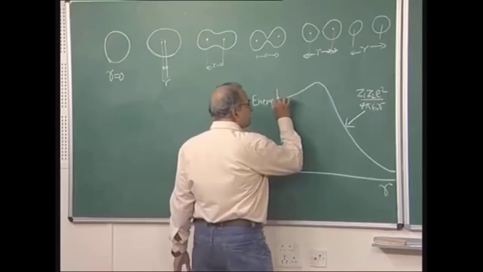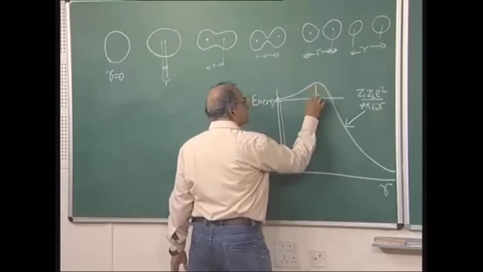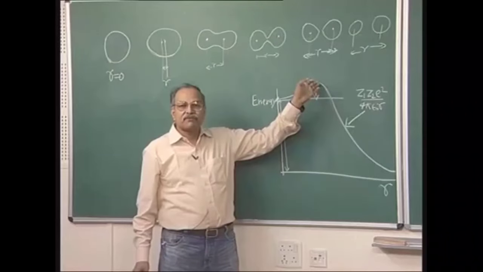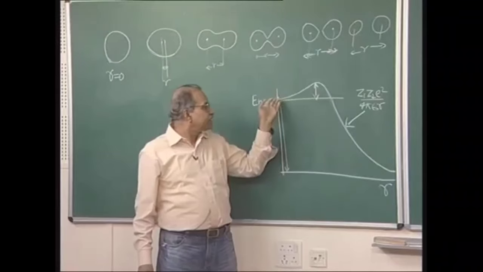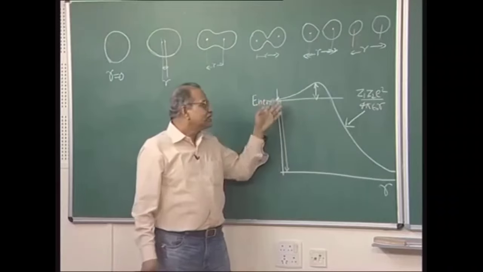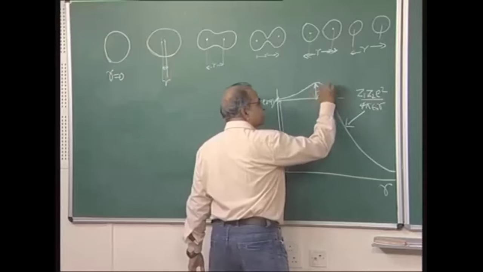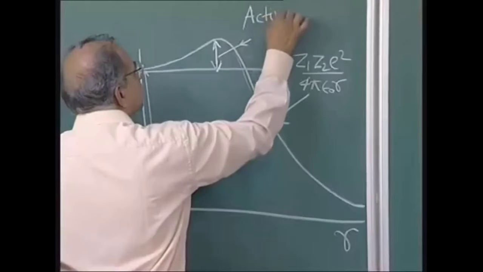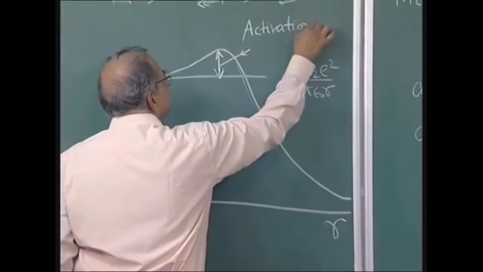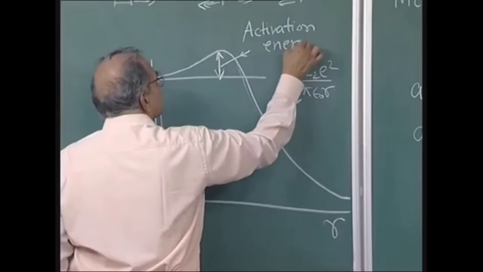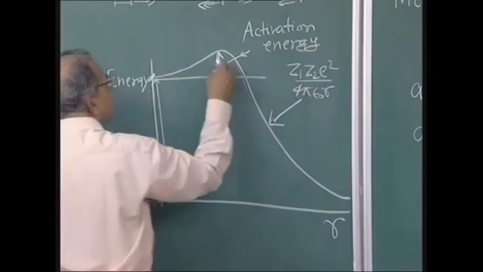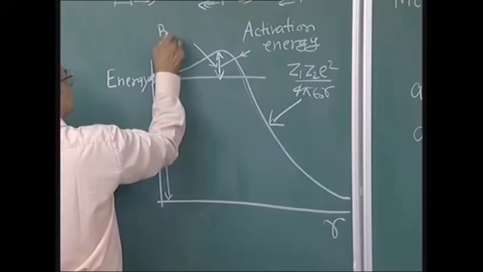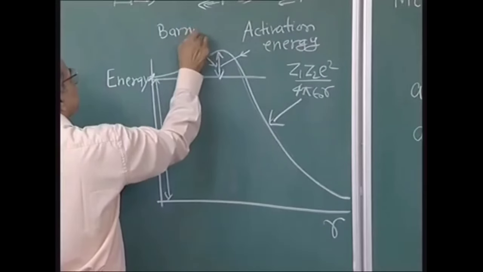And this maximum, the highest value of energy minus this 0 deformation energy, this is known as activation energy or barrier height. You can also call it barrier height. It is a potential barrier.